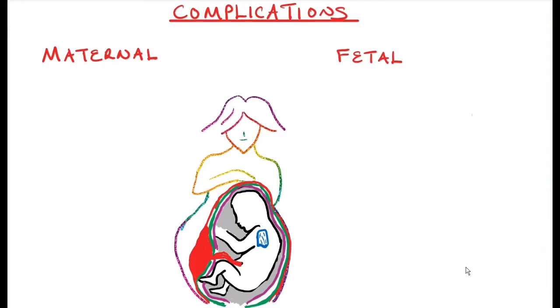Complications of PROM and PPROM. There's maternal complications and fetal complications. For the maternal complications, you can have chorioamnionitis. The chorioamnionitis can actually result in maternal sepsis. And because of the chorioamnionitis as well, you can end up with endometritis.